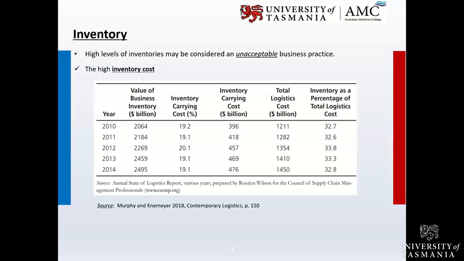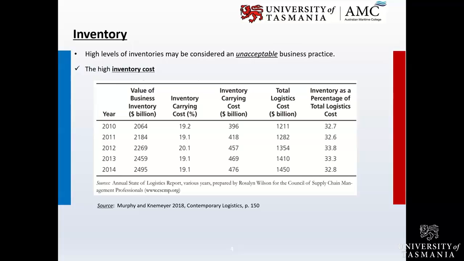We identified different components of logistics cost, such as inventory cost, transportation cost, and warehousing cost. So these three types of cost are the major components of logistics cost. Now we focus on inventory cost.